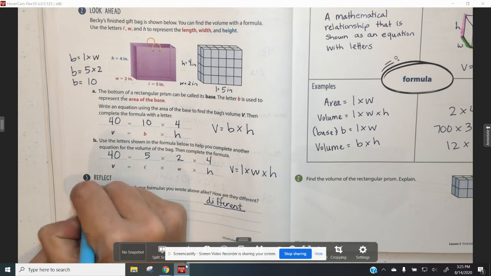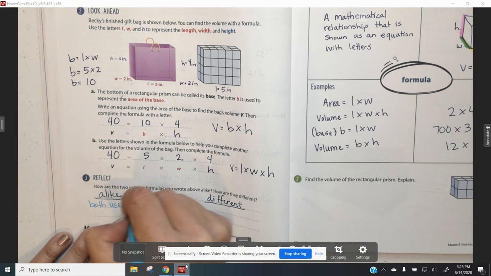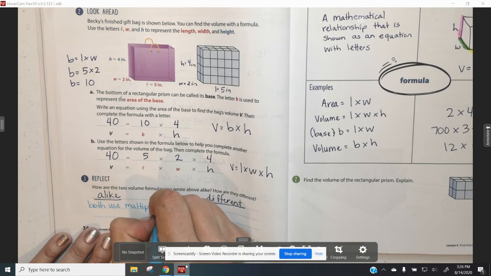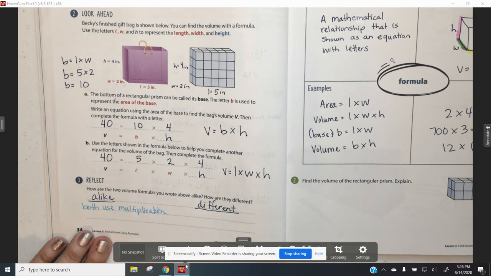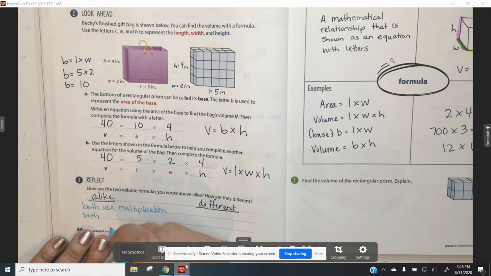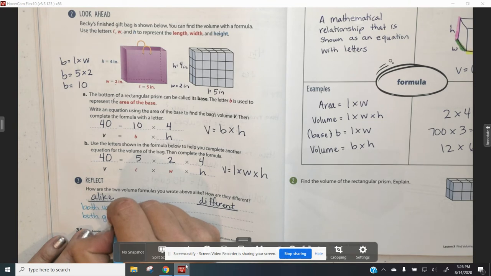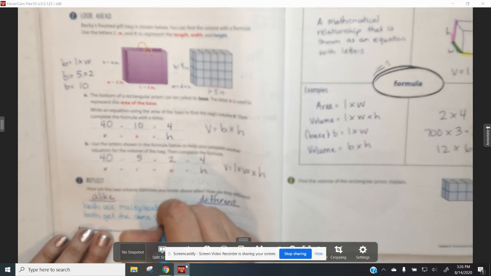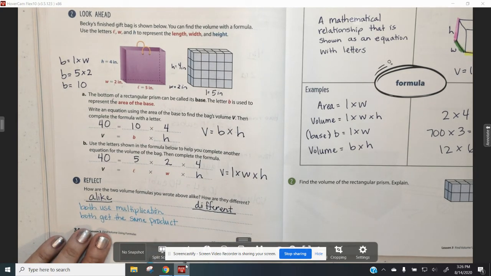Okay, one way that they're alike is they both use multiplication to solve. They both get the same product, or that's the answer to a multiplication equation.